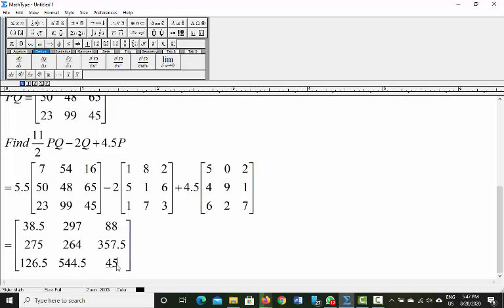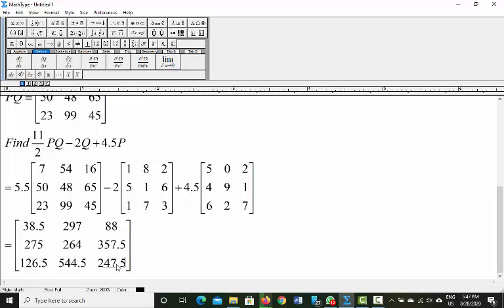Similarly, 45 multiplied by 5.5 is equal to 247.5, right?